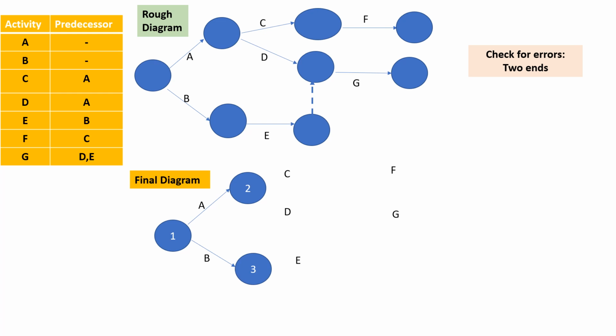So we have activity A, activity B, activity C, activity D, activity F, G, and node 6. At node 6, activities F and G can be merged, and therefore we will have only one starting node and only one end node for the network.